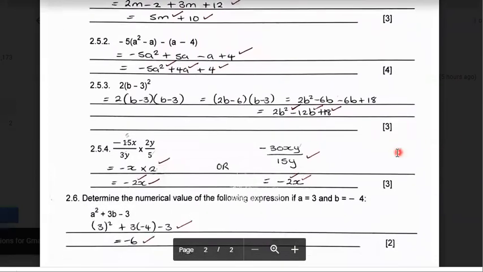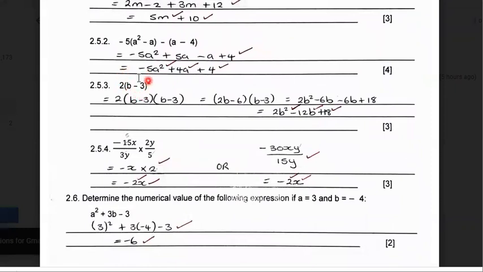2.5.3, you got 2 open brackets b minus 3 all squared. The brackets all squared means you're going to repeat the brackets. So you have 2, open brackets, b minus 3, close brackets, open brackets, b minus 3, close brackets. You can choose to multiply out and distribute this 2 into the brackets, or you may choose to use the FOIL method and simplify the brackets first.